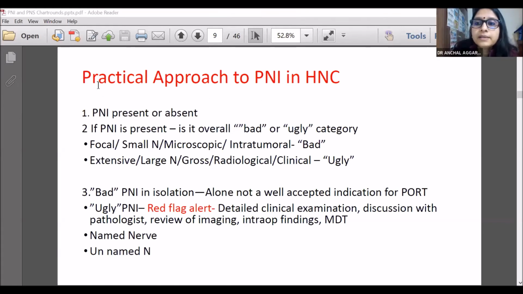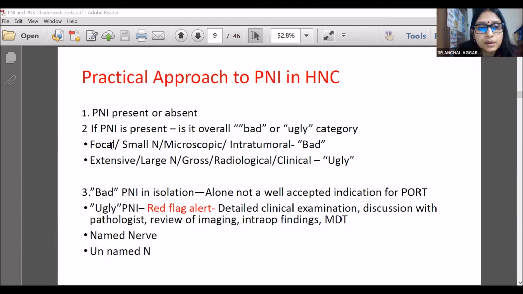So that is what we follow. I will share 2-3 papers. One is how we decide if PNI is present or absent. If PNI is present, we categorize this PNI into bad or ugly depending on these risk factors.